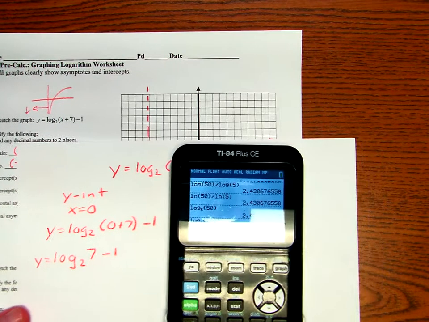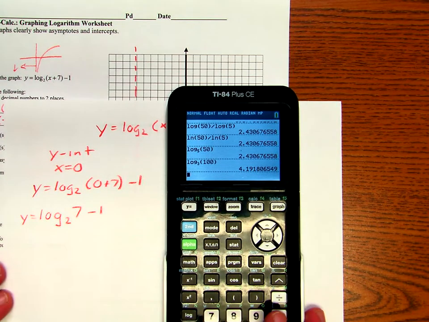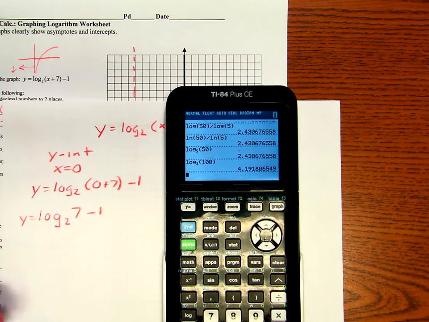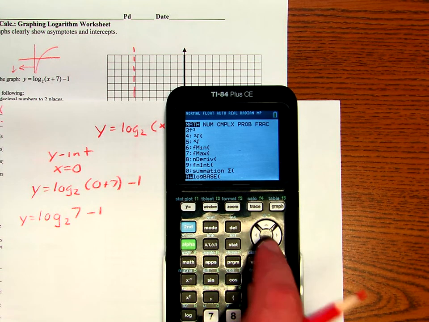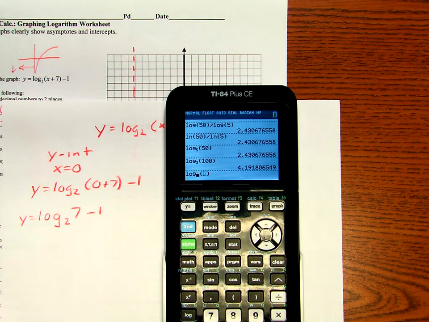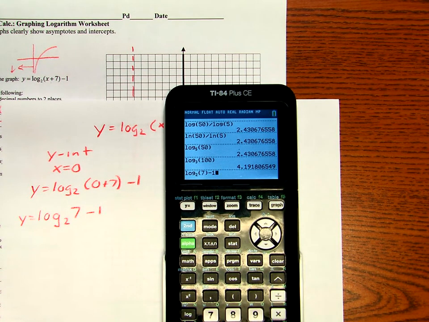This particular calculator, without using the graphing features of it, we could still have access to log base. We do log base 2 of 7, minus 1, and enter, there's your 1.81.